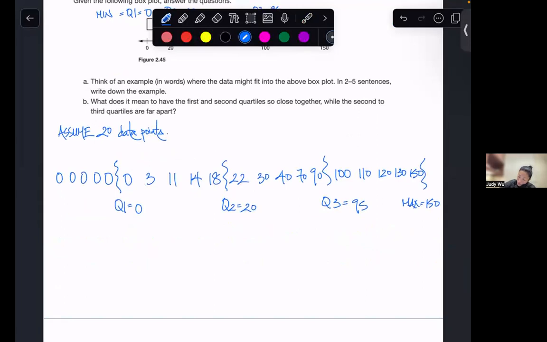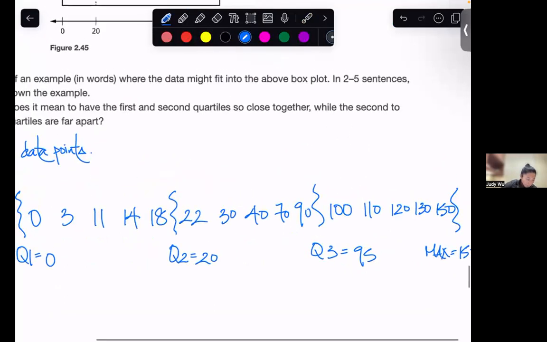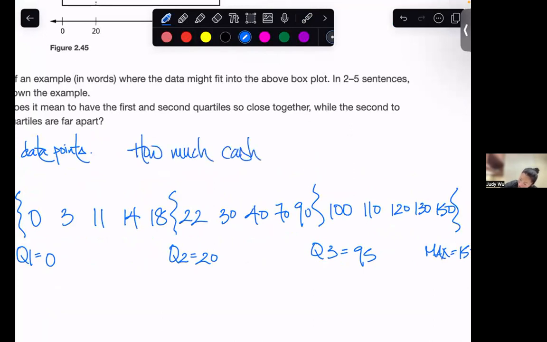Maybe a good question is, how much cash do you have right now?